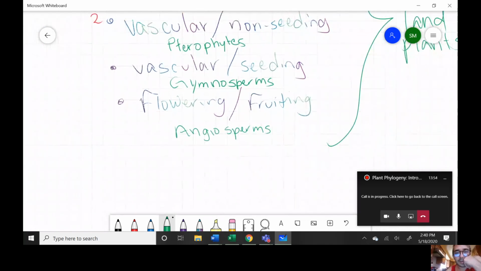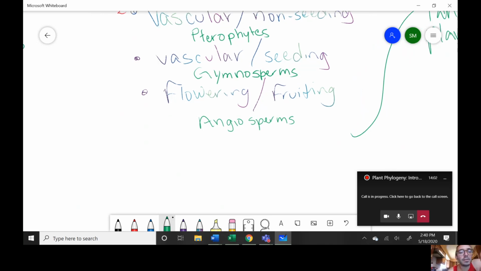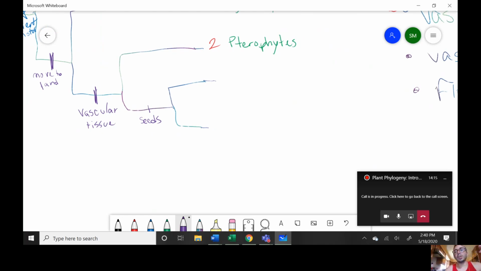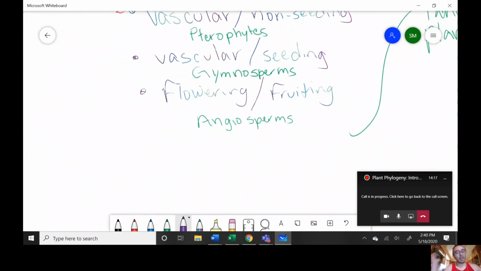And if we look back to the list, we see everything else has a seed and flowers and fruits. Well, fruits have seeds too, right? So we know our next thing to develop are seeds. Now, which one came first? The gymnosperm or the angiosperm? Well, I can tell you very quickly right now that the angiosperm came last.